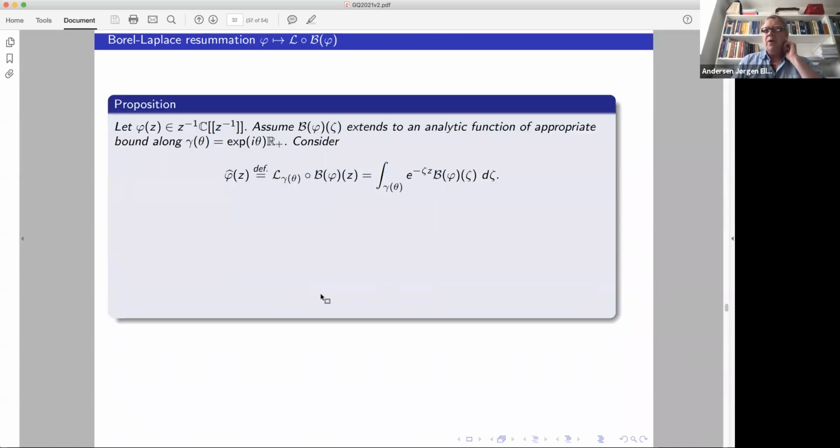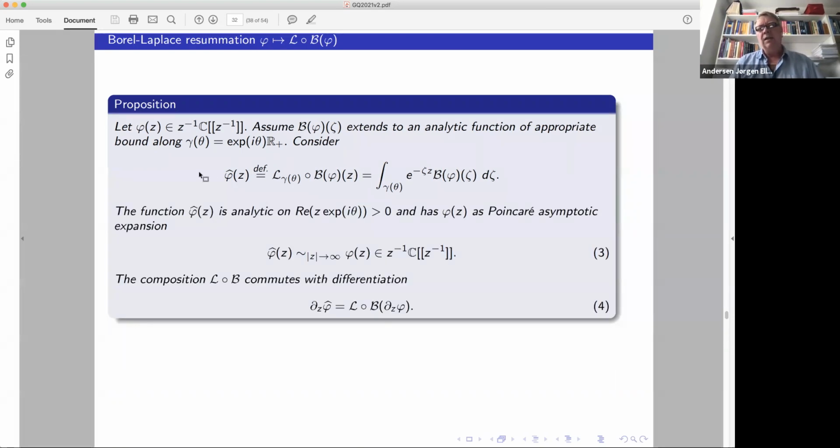Therefore, there's a little proposition that says if you start with a series here, and you assume that this Borel transform extends to an analytic function in an appropriate neighborhood of some contour like this, then you can define phi hat to be the composition of the Laplace transform along that contour with the Borel transform, just like this.